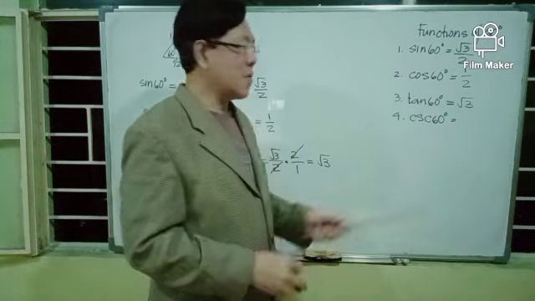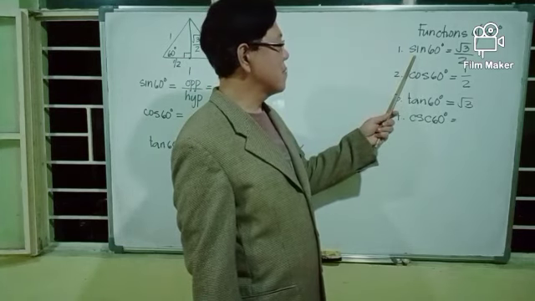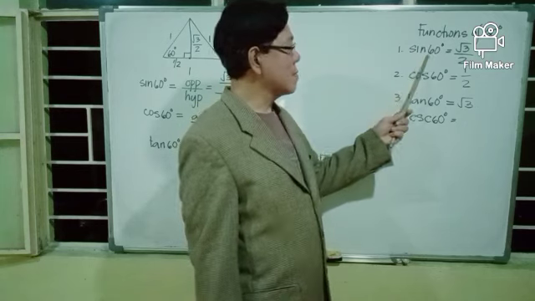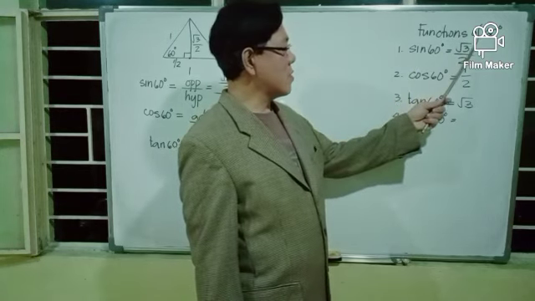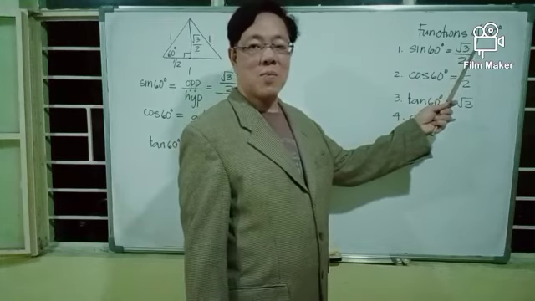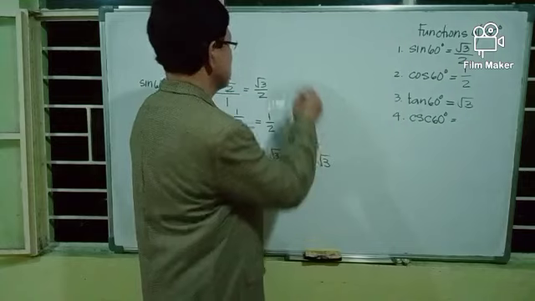The value of cosecant of 60 degrees is the reciprocal of the value of sine of 60 degrees, or reciprocal of square root of 3/2. And the reciprocal of square root of 3/2 is 2 over square root of 3.